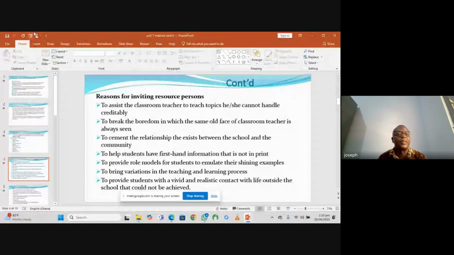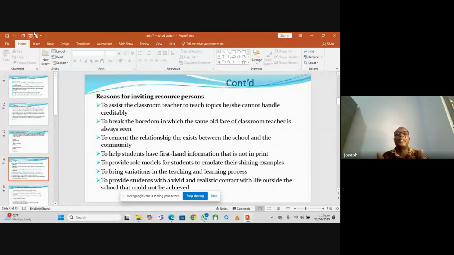We also bring in a resource person to bring variety in the teaching and learning process. Then to provide students with a vivid and realistic contact with life outside the school that could not be achieved entirely when you, the class teacher, are handling. So these are some of the reasons why we invite a resource person.